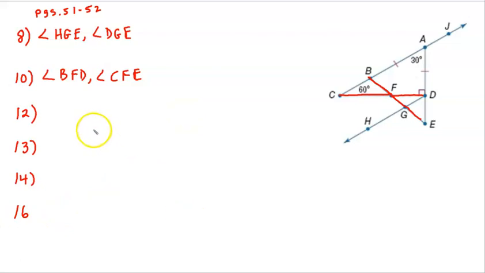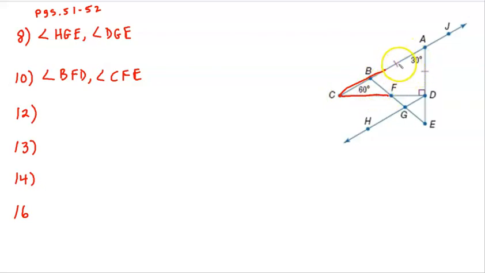Okay, number 12 is two complementary non-adjacent angles. All right, so complementary, of course, adds to 90 degrees. So we're shown here the 60-degree angle, BCF.